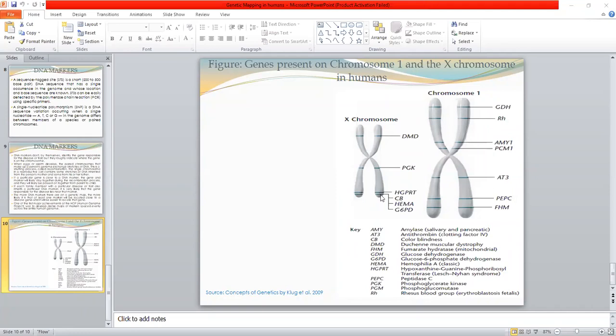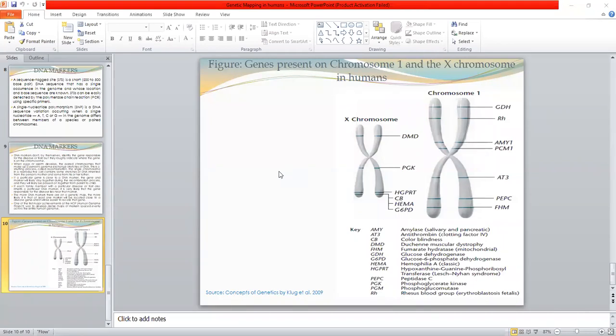These three genes are located very close to each other: CB, color blindness, and HEMA, hemophilia A. The next gene is G6PD, glucose-6-phosphate dehydrogenase. These genes are located very close to each other, and their distance in centimorgans is very little.